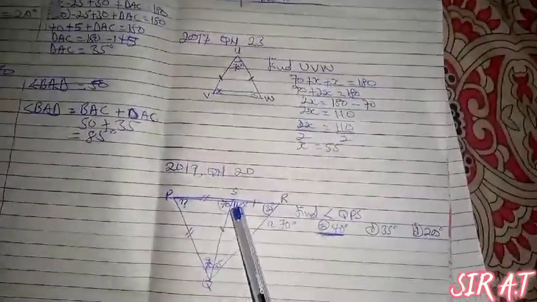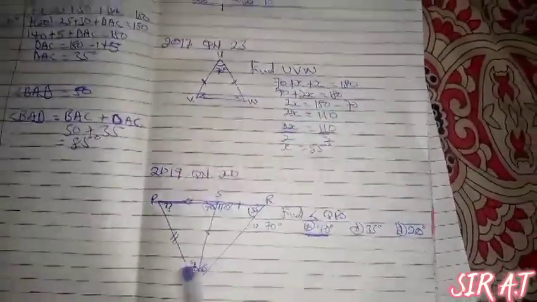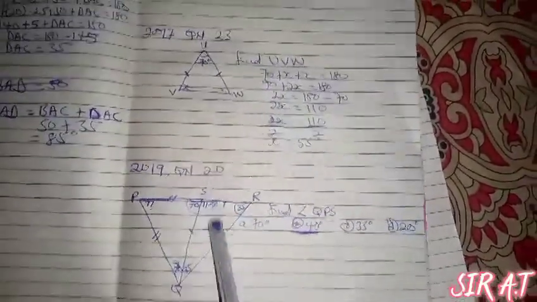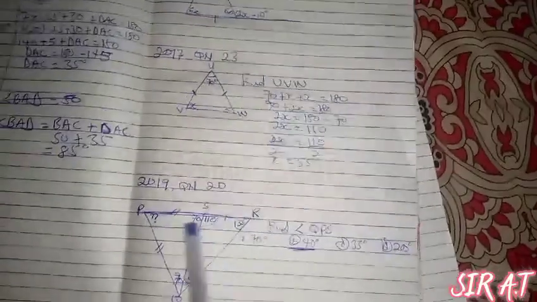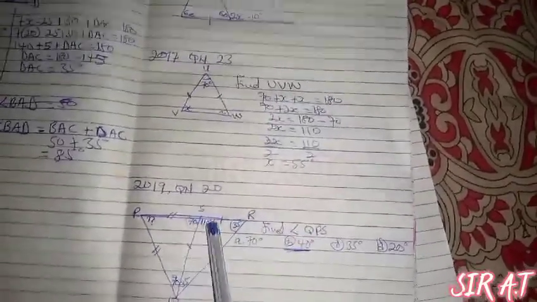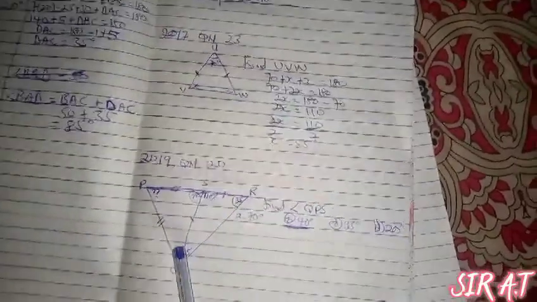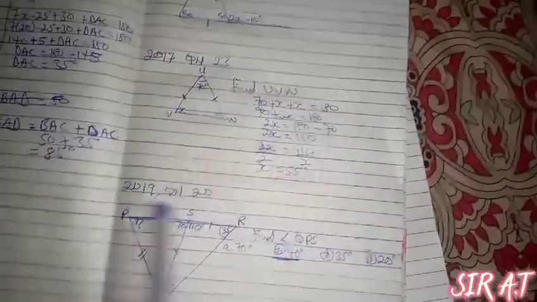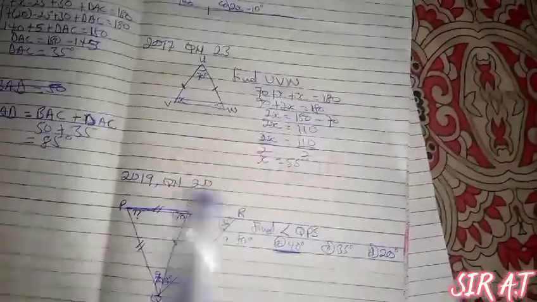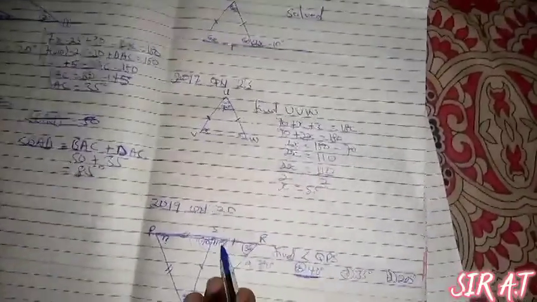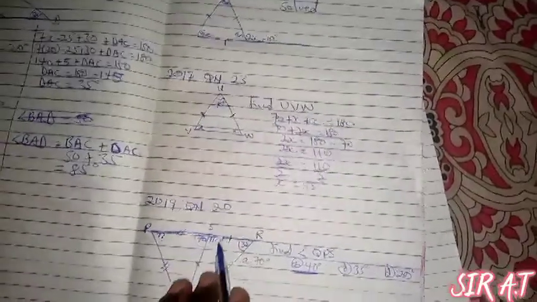So this angle was not given, but you are told that this is isosceles. So these equal lines are meeting here, so this is the odd one. This is 35, this 35. 35 plus 35 gives 70. Subtract 70 from 180, so here is 110. If this is 110, here is 70 because of the straight line.